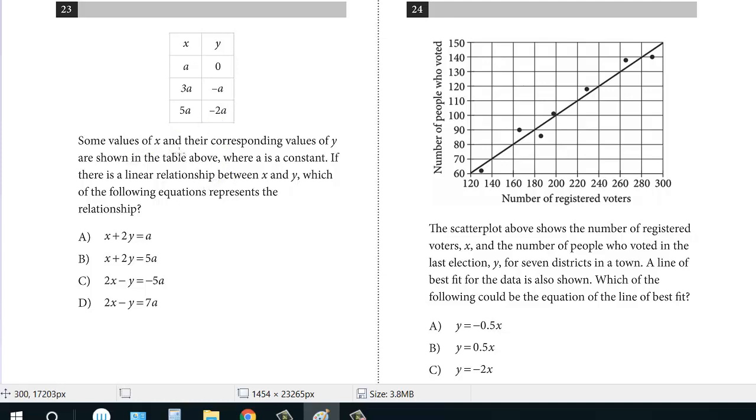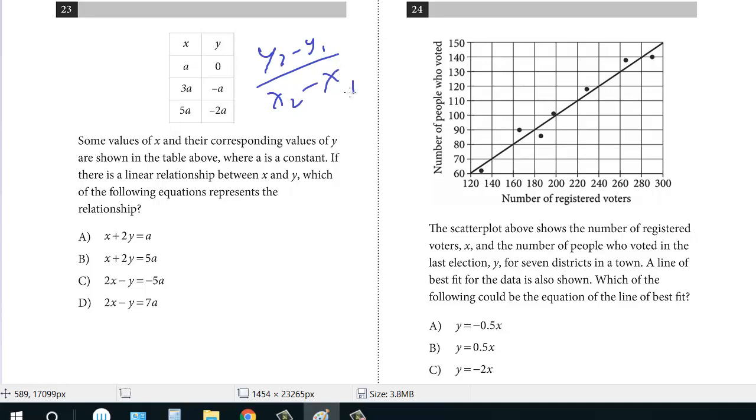Some values of x and their corresponding values of y are shown in the table above, where a is a constant. If there's a linear relationship between x and y, which of the following equations represents this relationship? And so this is another common question. We're given a series of values for x and y. We're told it's linear. We want to find the equation. First step is always finding the slope. And we know the formula for slope is y2 minus y1 over x2 minus x1.